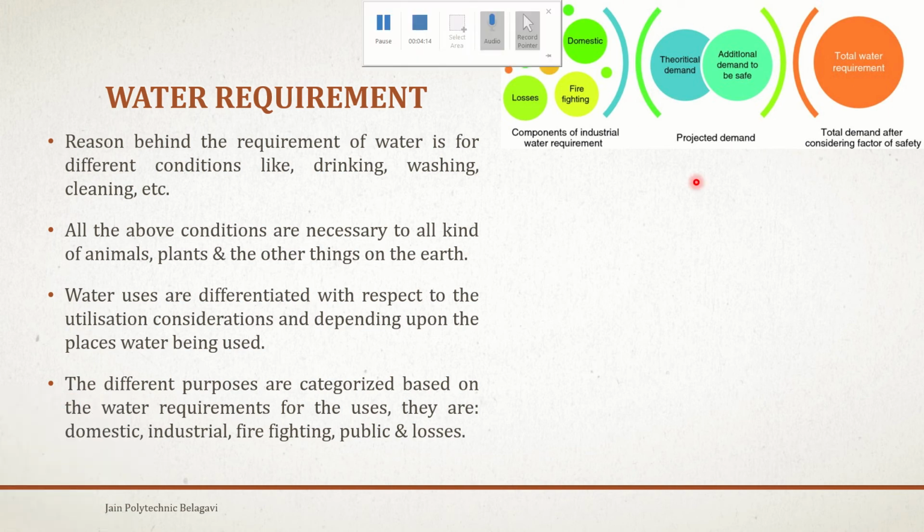After we consider all these parameters, components of industrial water requirement and projected demand, we come to a conclusion that the total demand after considering factor of safety will be our daily demand, or monthly demand, or it might be yearly demand for a given area, or the boundary, or the city.